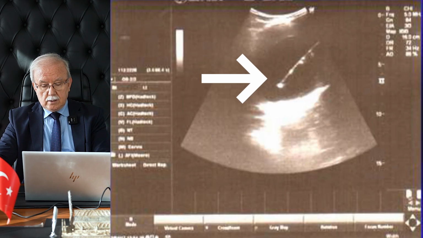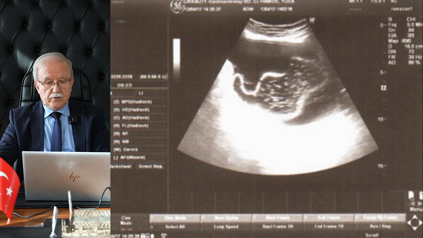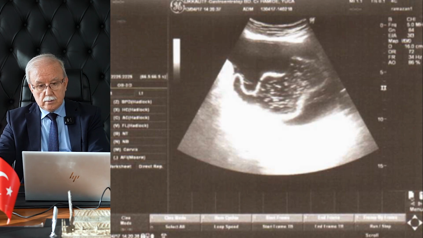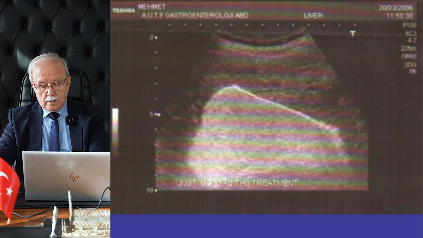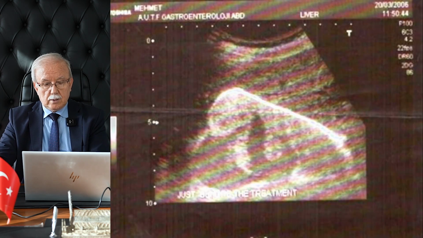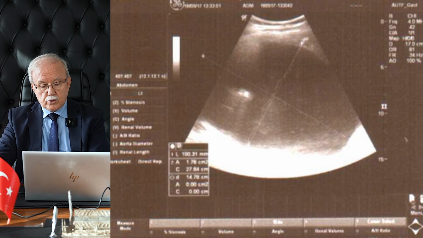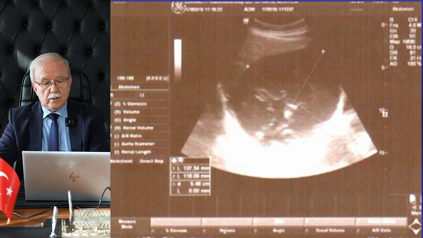This is a needle. After injection, the membrane detached. Another type 1. After injection, like an ice ball, you see, the germinative membrane became whitish. The same patient. This is another huge type 1 cyst, with detached membrane.